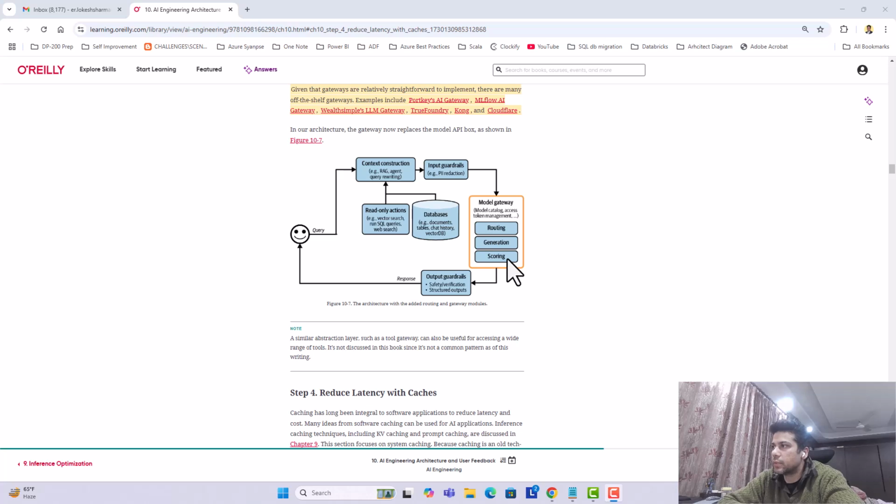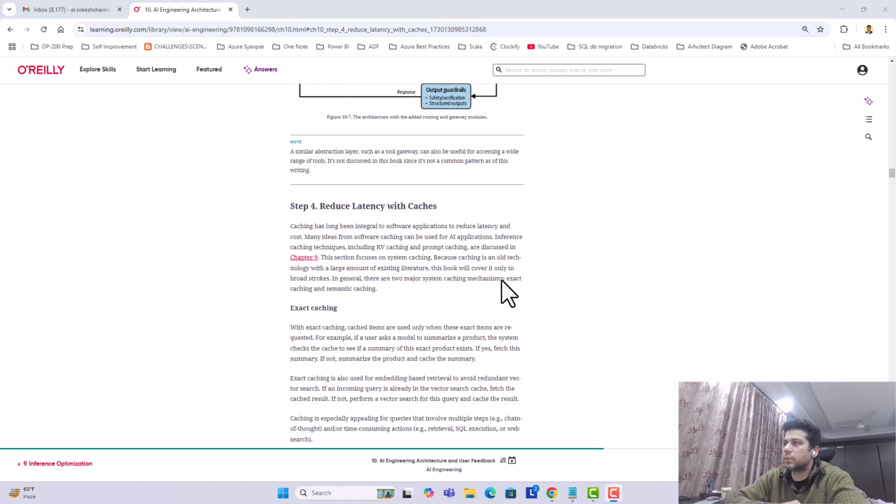That's why we need the scoring. And there are two ways to use the models. One is through calling the APIs that most of the foundation models provide, or the other is to host the models in your local system or your cloud infrastructure. You can do that. So let's continue, and we will now talk about reducing latency with caches.